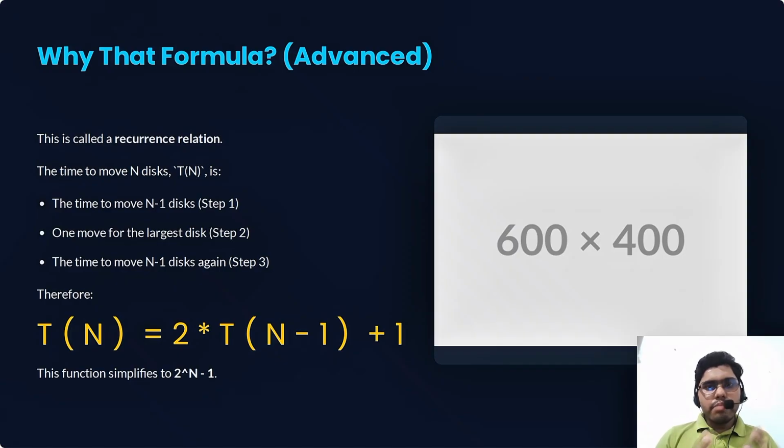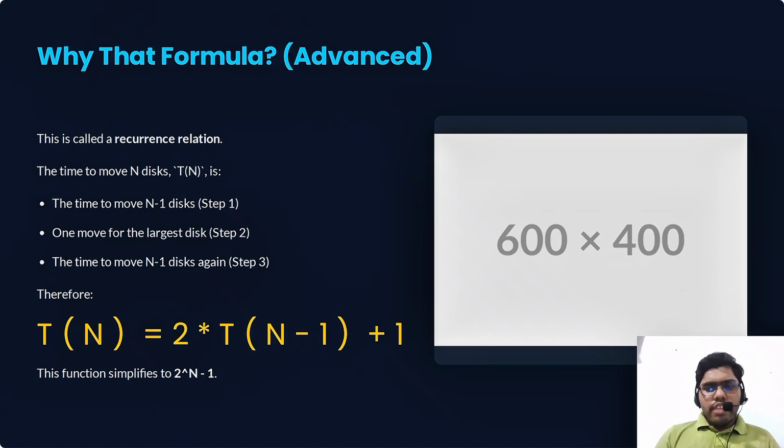Step 2 takes 1 move. Step 3 takes T(n-1) moves. So the total for n disks is T(n) = 2 times T(n-1) plus 1.